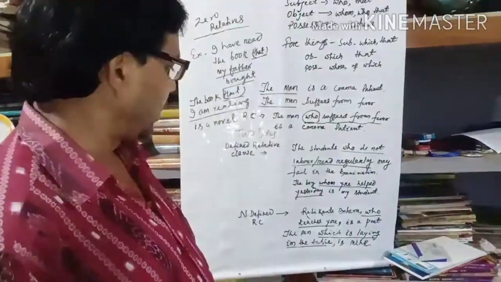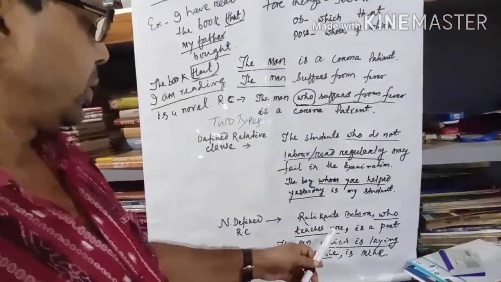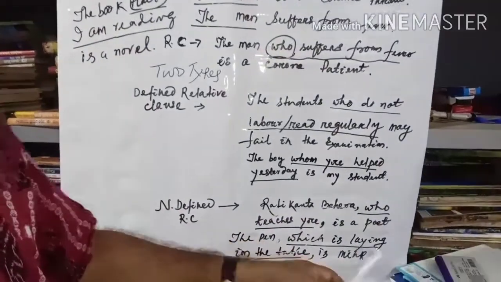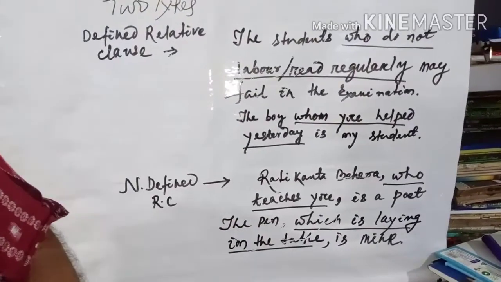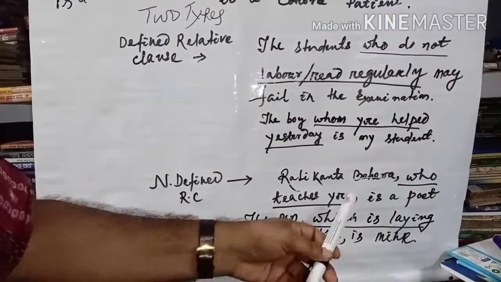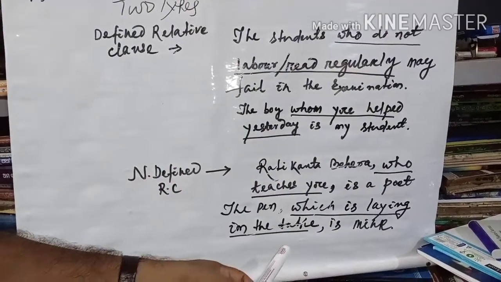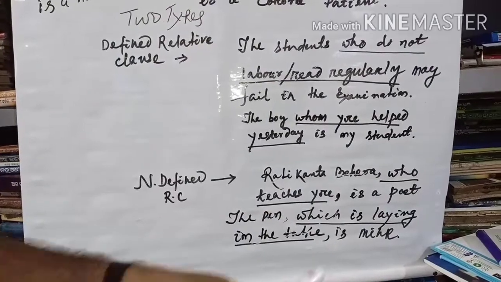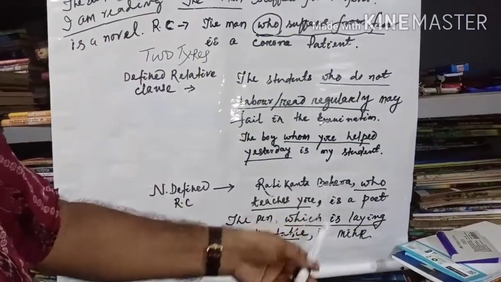And here you be sure the relative clause can be dropped. If the relative clause who teaches you is dropped, it is still grammatical. It makes sense. It simply means that dropping the relative clause who teaches you may not hamper the meaning or sense of the entire clause.